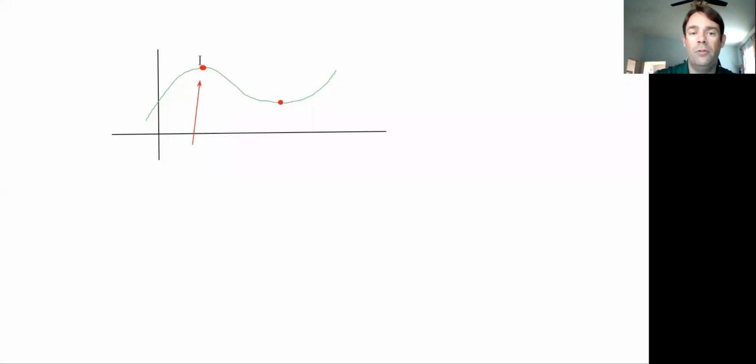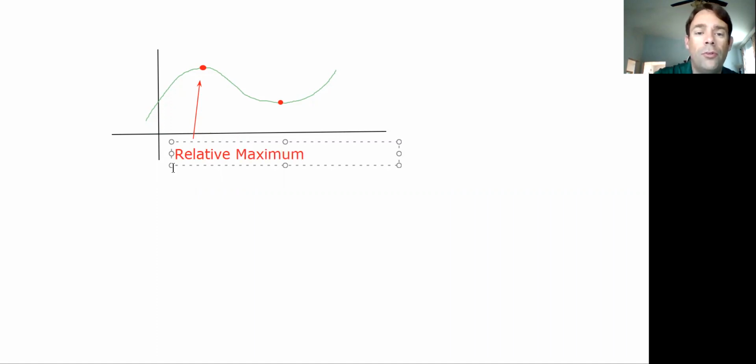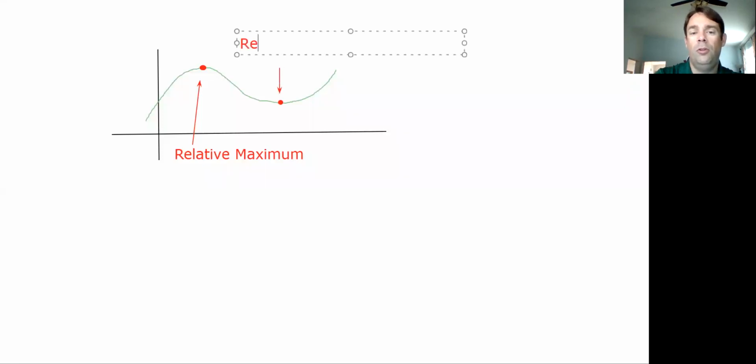It's when the first derivative changes from greater than to less than. And right here we have a relative minimum, when our graph goes from decreasing to increasing. It's when our first derivative goes from a negative value to a positive value.